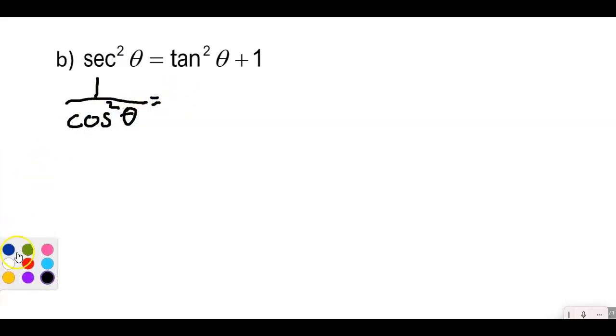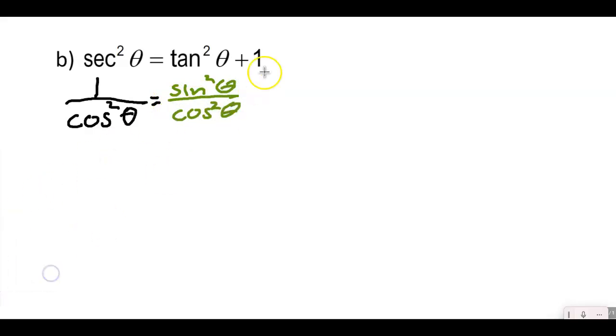Right? And we know that, of course, tangent is rise over run, sine over cosine. And we got the plus 1. And as I put on the board earlier, if you're not sure how to start here, just ask yourself, how would you do this? Right?